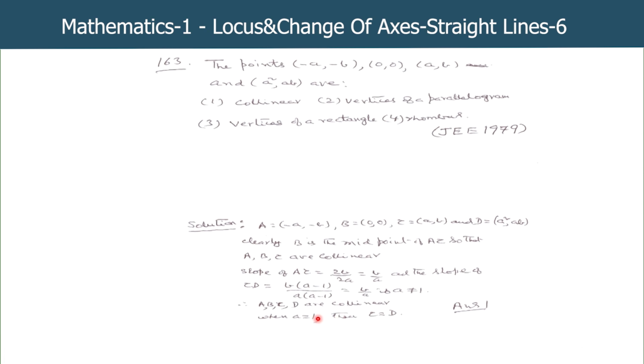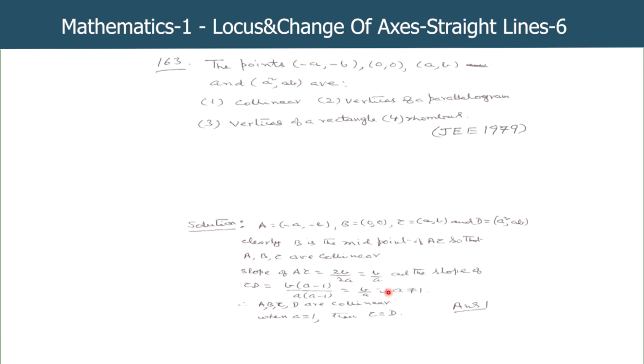So, since A is not equal to 1, A, B, C, D are collinear points, but when A is equal to 1, what happens? D and C will be the same, and you know that A, B, C are collinear. We have seen that. So, that is why in the verification of the slope of CD, we have taken A is not equal to 1.